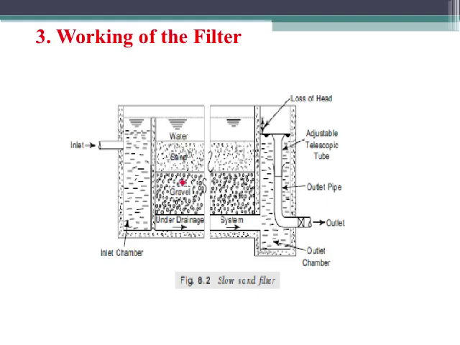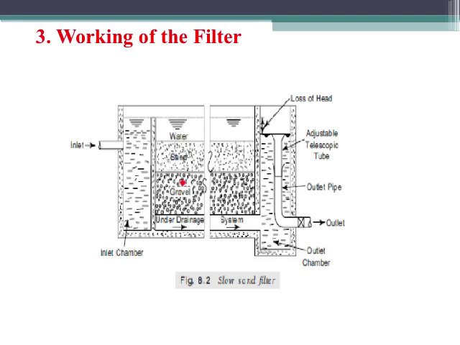Next is the filter media. The filter media consists of sand layers about 90 to 110 centimeters in depth placed over a gravel support. We can see here that the sand is supported with the gravel.